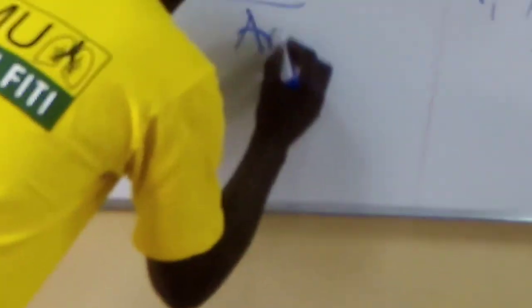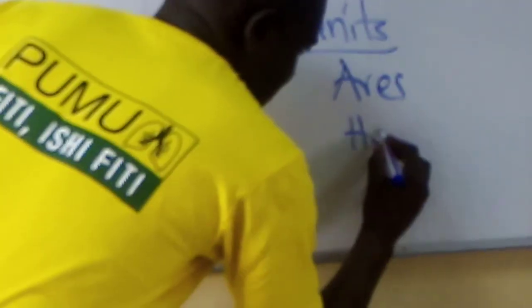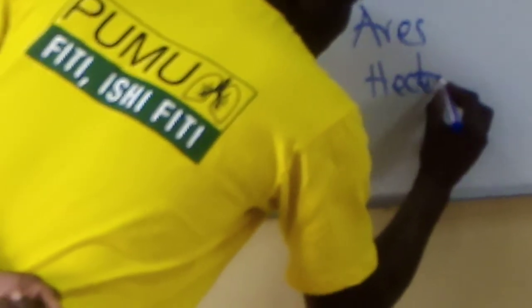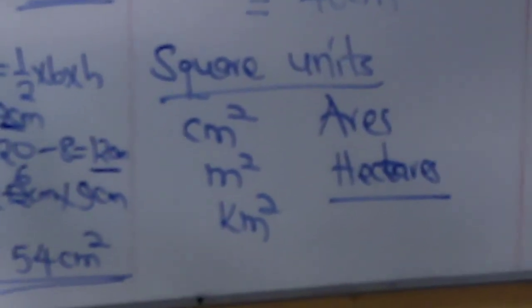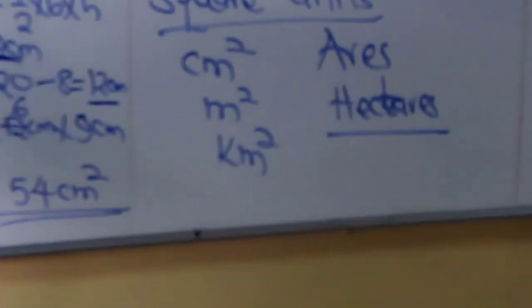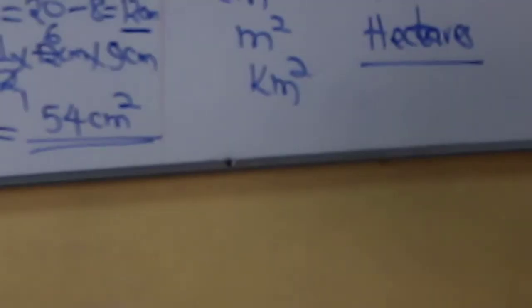The ares, which you're going to learn after this, not today, and the hectares. Area can be measured in ares or hectares. I know we have other units of measuring area like acres, an acre of land. And so this is what we are learning today, boys and girls.